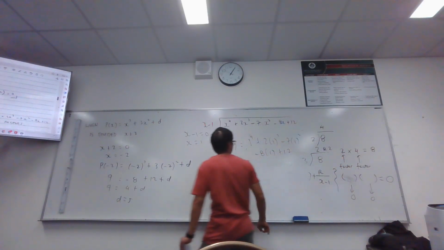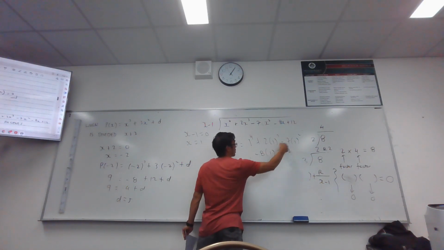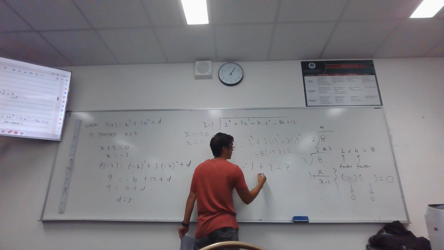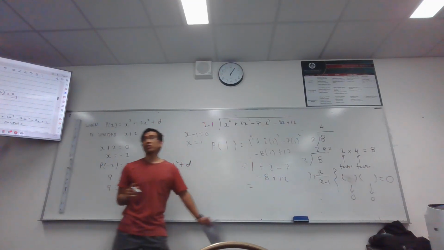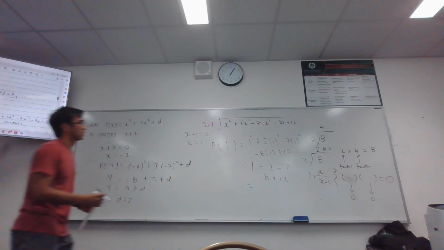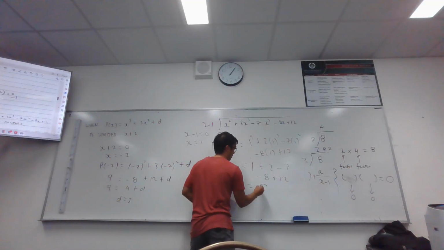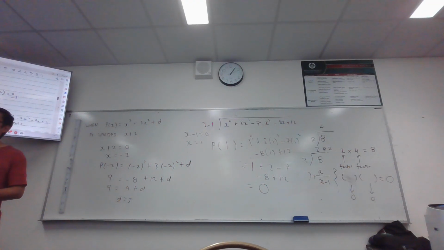It's getting messy. 1 plus 2 minus 7 minus 8 plus 12. And that should be 0. That's a 0 if I haven't made any mistakes. Okay.